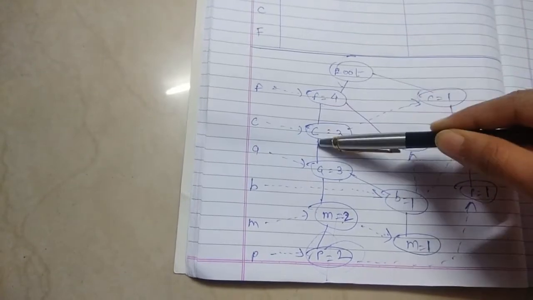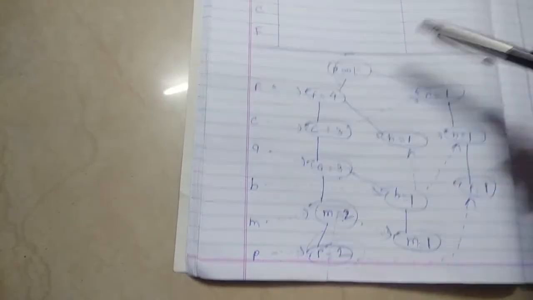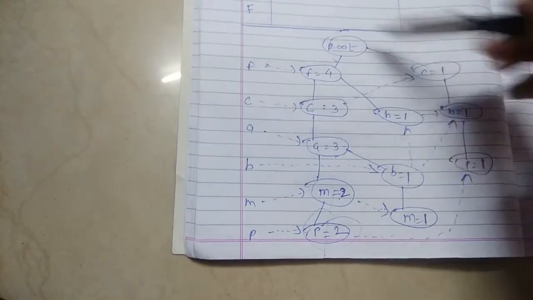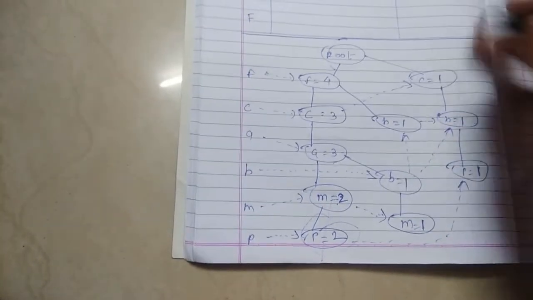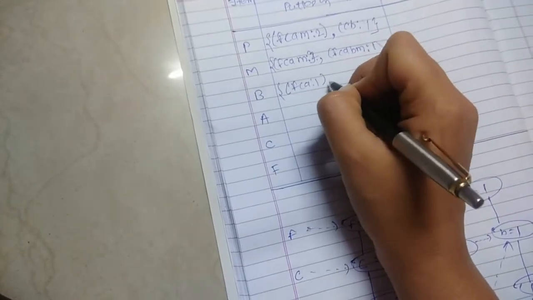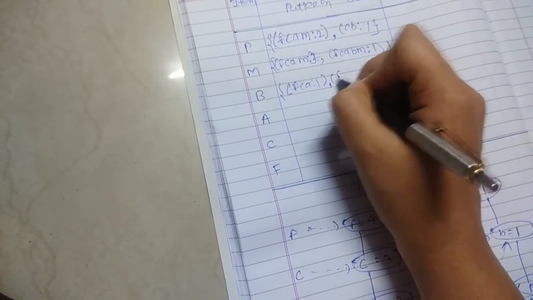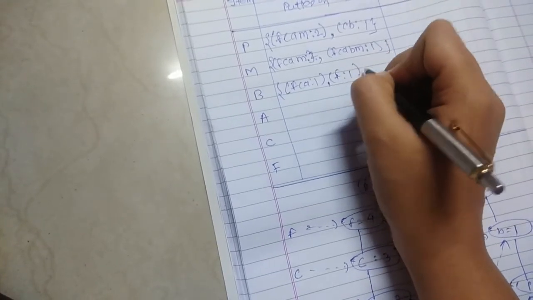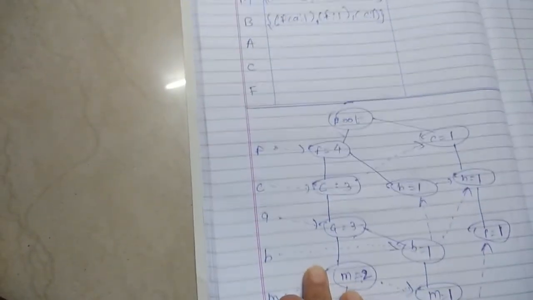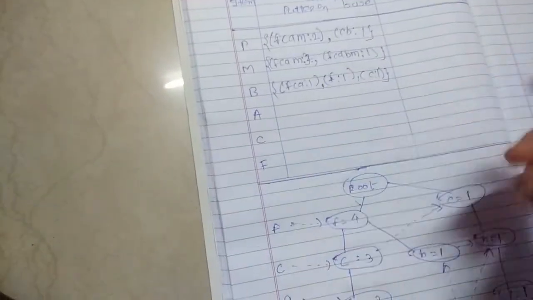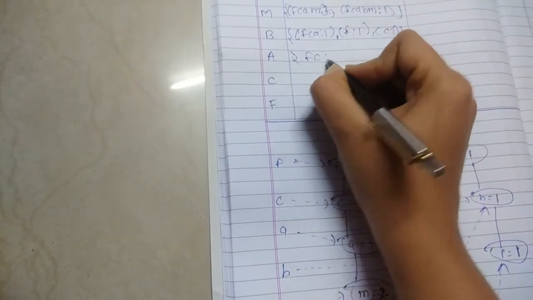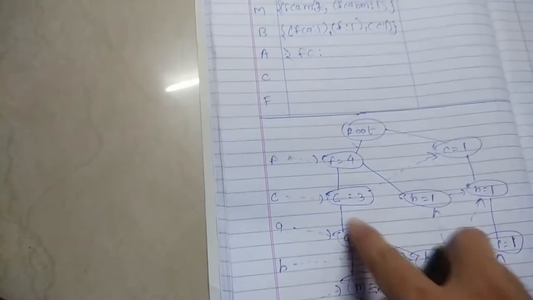First is F, C, A, B, second is F, C, B, and third is C and B. Now for A, the path is F and C, and at the end the support is 3.